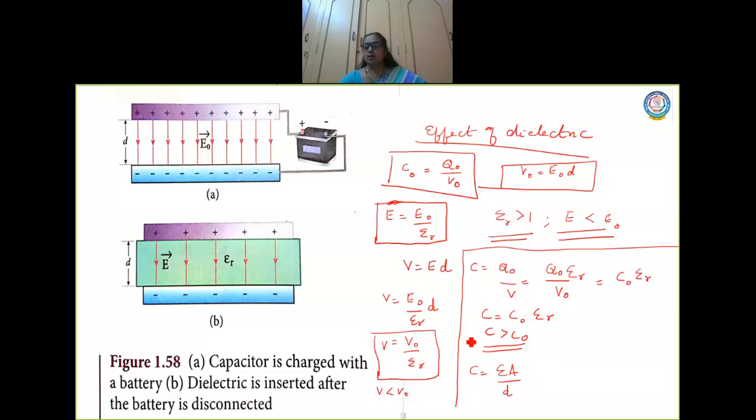Now epsilon is nothing but epsilon naught epsilon R. So I can write this equation as epsilon naught epsilon R A by D. Now this equation is also correct. So this is nothing but the capacitance of a capacitor when a dielectric is placed.